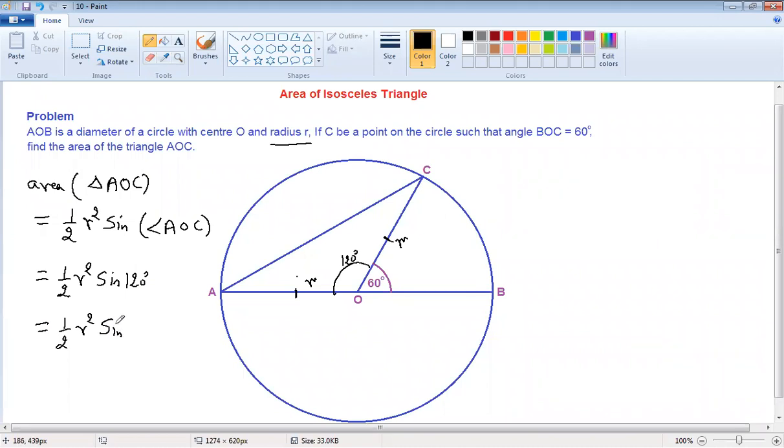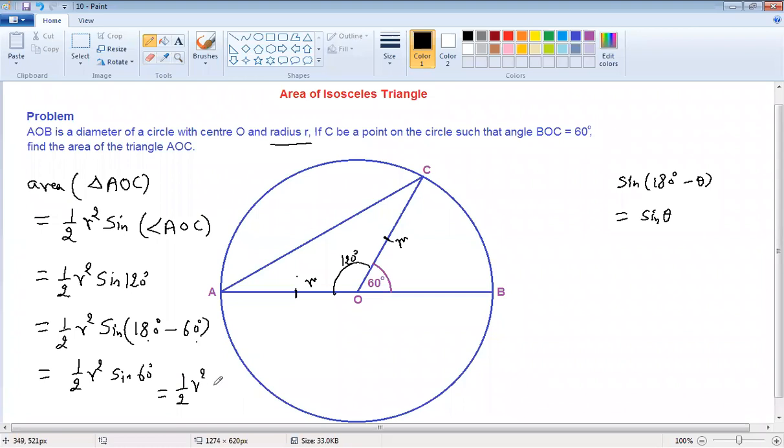We know that sine of 120 degrees can be written as sine of 180 degrees minus 60 degrees. So Saturday we did this, sine of 180 minus theta is just sine theta. So this is half R square into sine of 60 degrees, and sine 60 degrees is root 3 by 2. So this is equal to root 3 upon 4 R square.